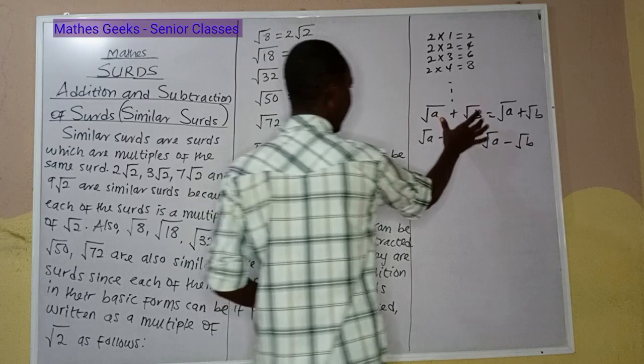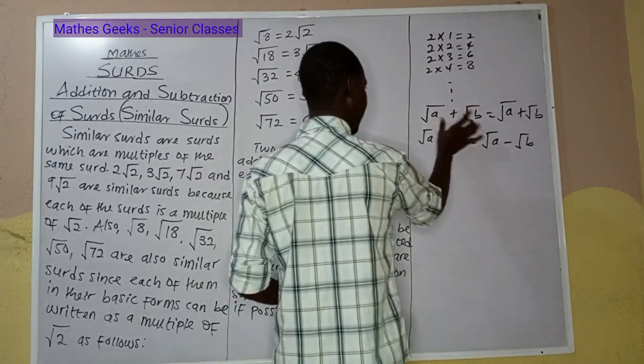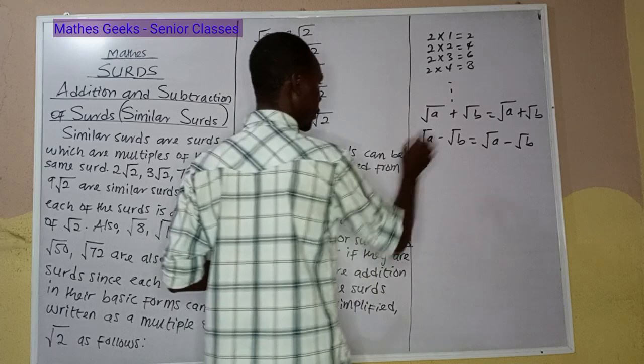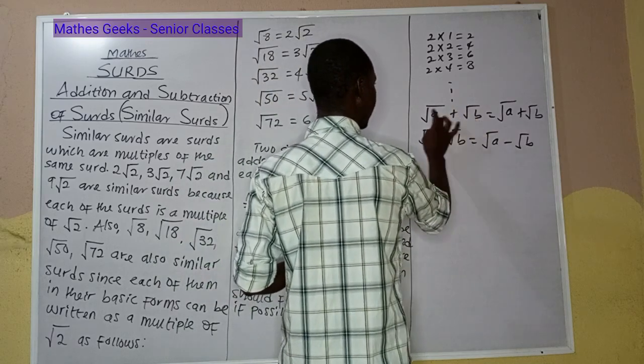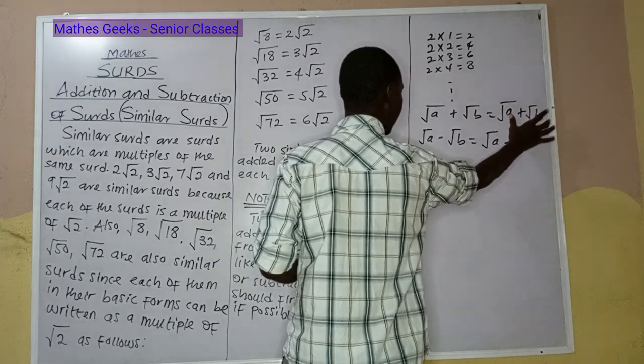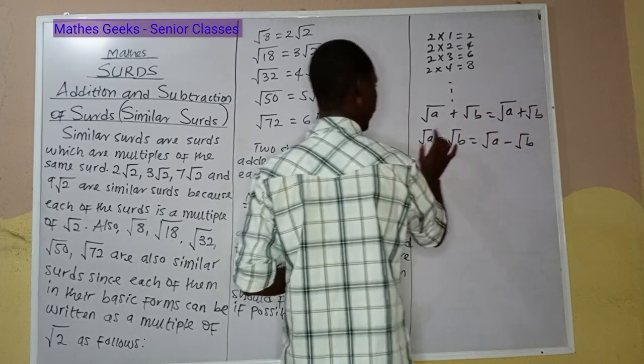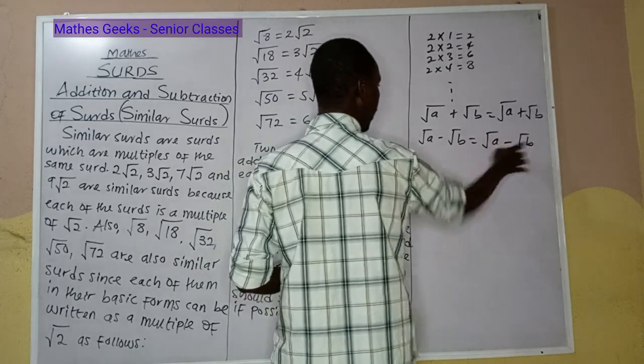So when the letters or numbers are not the same, we cannot add because they are not the same. That's just the reason. So root A plus root B, since the letters under the square root signs are not the same, we simply equate them. So root A plus root B is equal to root A plus root B, and root A minus root B is equal to root A minus root B.